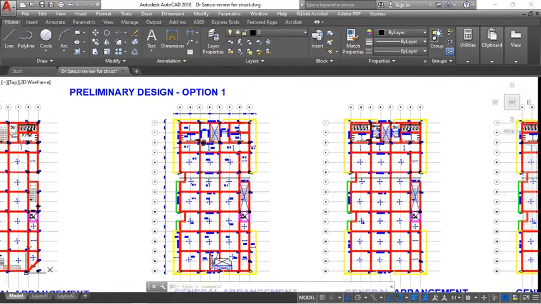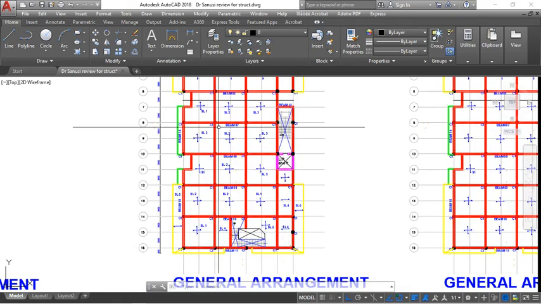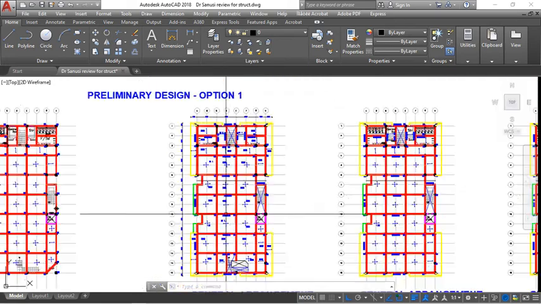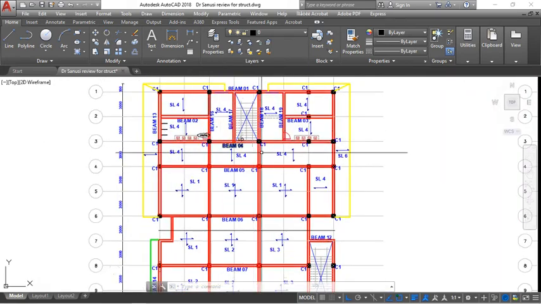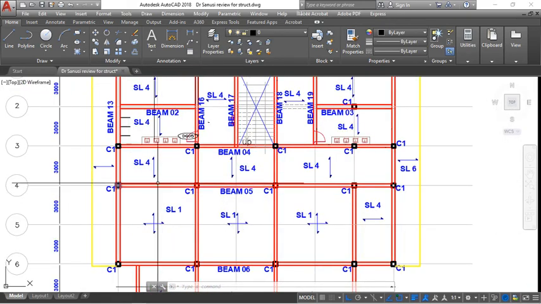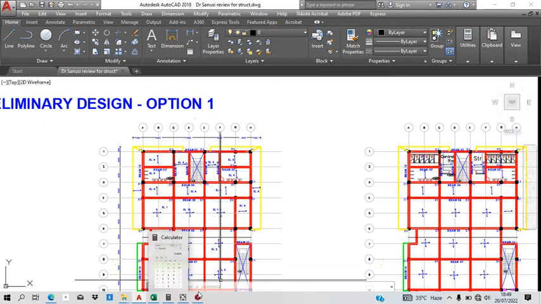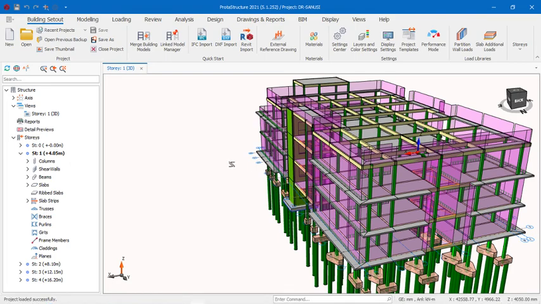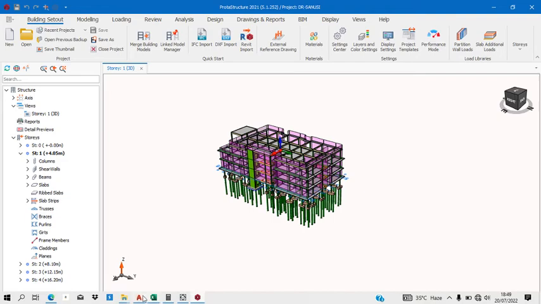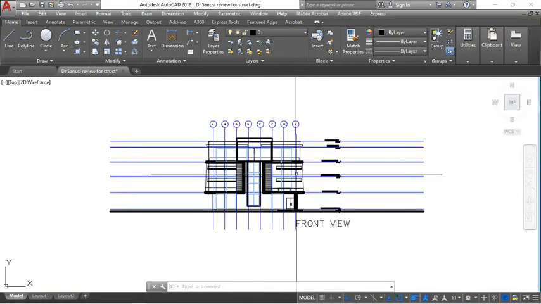So if we have this beam now as a continuous beam that spans from here down to here with different intermediate spans, we'll take a sample beam as well, get the load that will come on it and possibly get the moment that is coming. And when we are done with that, we'll go into the software and model the same structure here from scratch, and we'll move on from there.